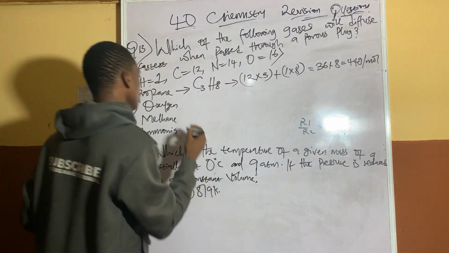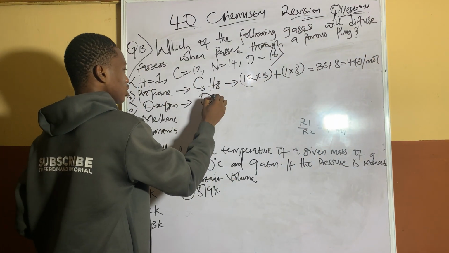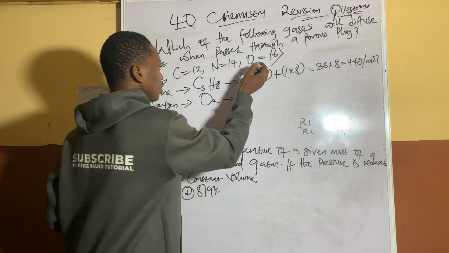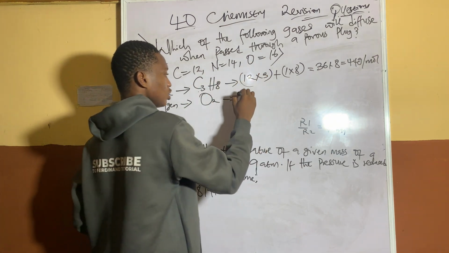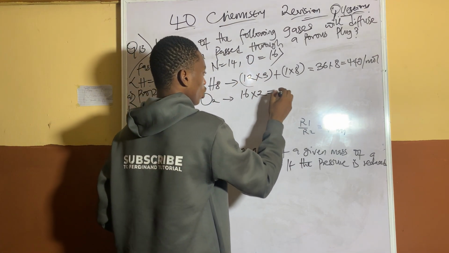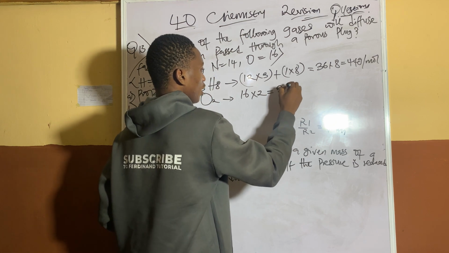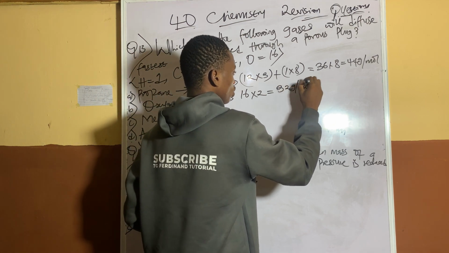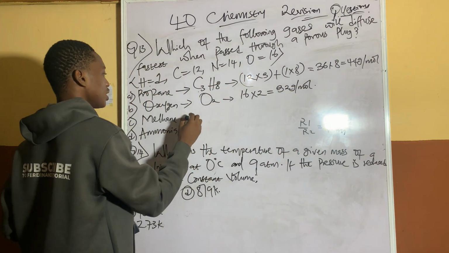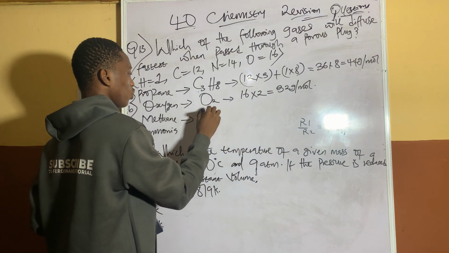Now oxygen gas is O2. Remember, anywhere we see O, it is 16. So it's 16 times 2, which is 32 grams per mole. Methane is CH4.